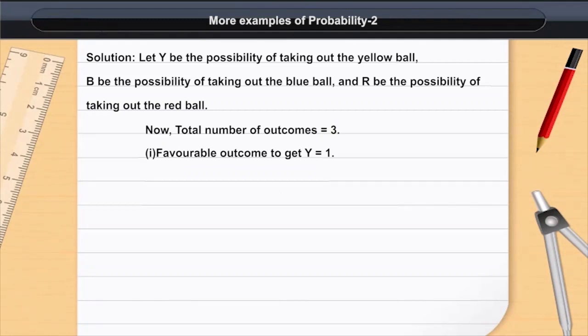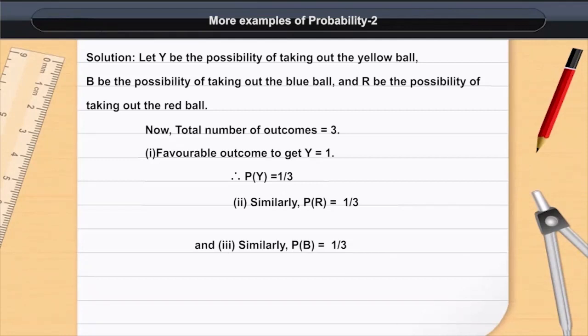Favorable outcome to get Y is equal to 1. Therefore, P(Y) = 1/3. 2. Similarly, P(R) = 1/3, and 3. Similarly, P(B) = 1/3.